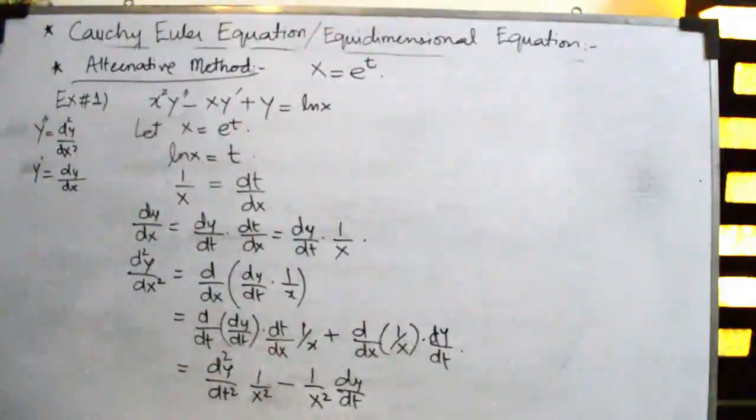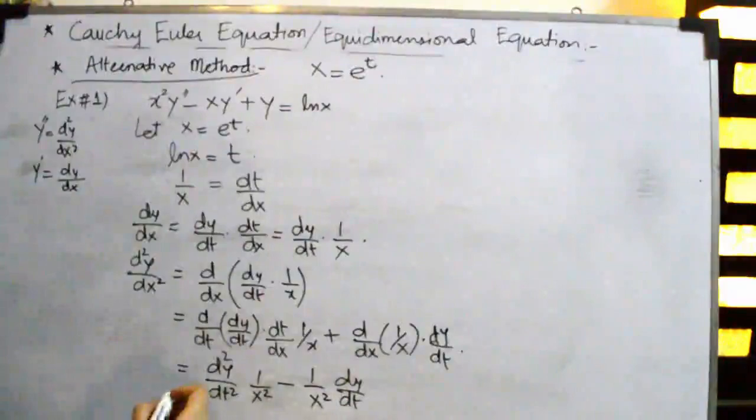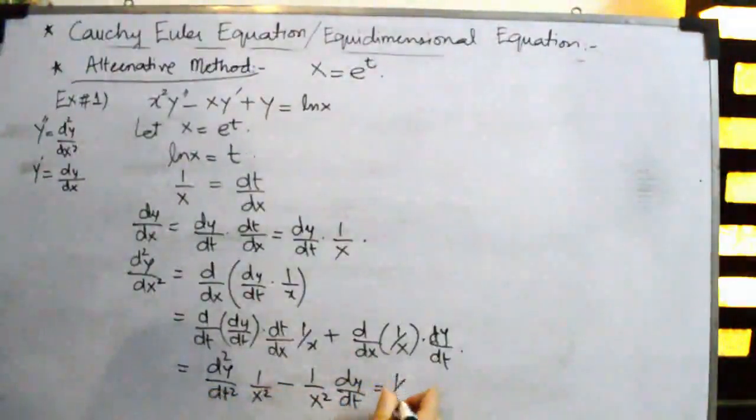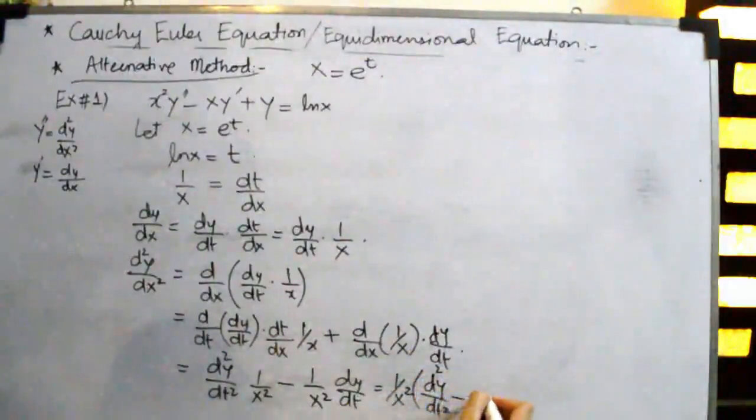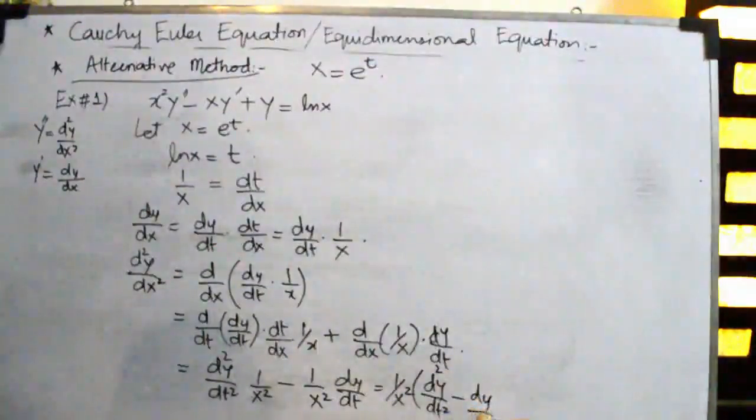Taking 1 by x square common, that makes it 1 by x square times d2y by dt square minus dy by dt.